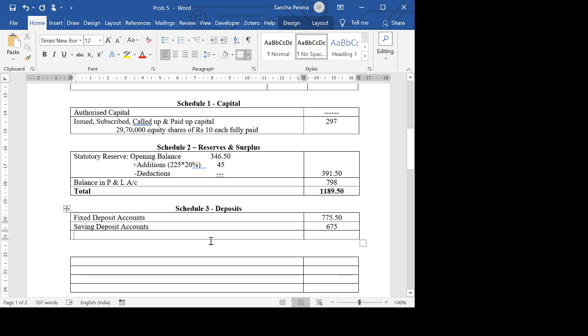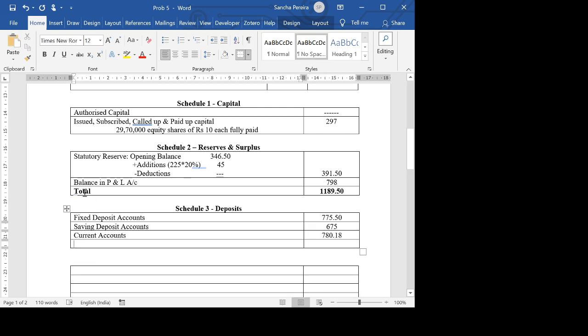We have another one, current accounts. These current accounts can also be those demand deposits. In the format it's mentioned as demand deposits, because you can just go and withdraw on demand. Current accounts 780.18. So again we need to get a total here.